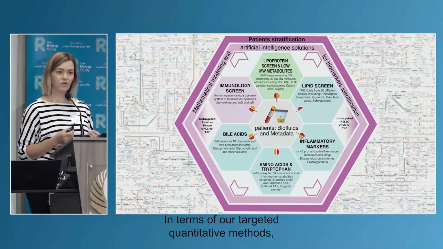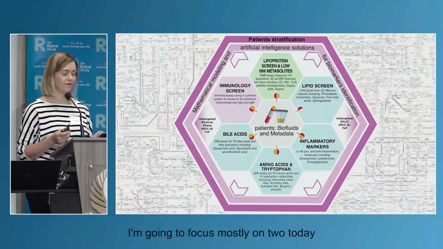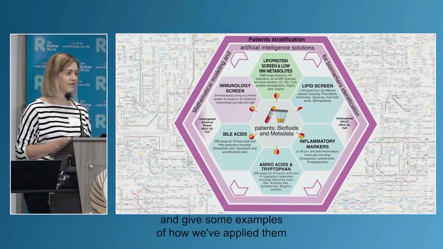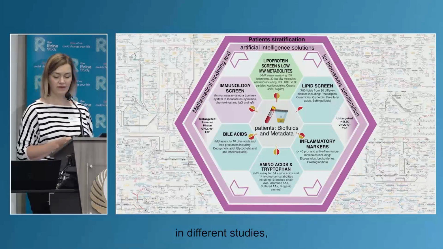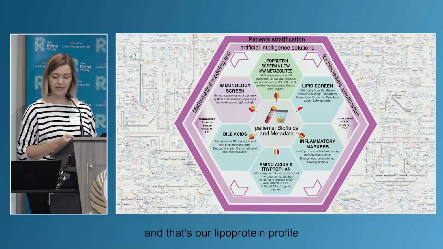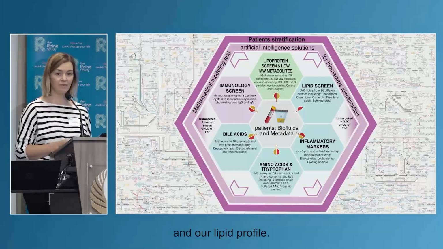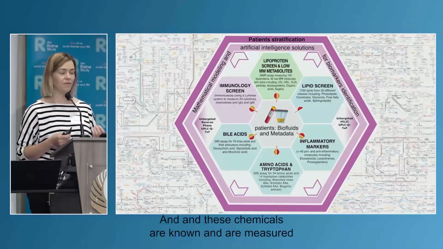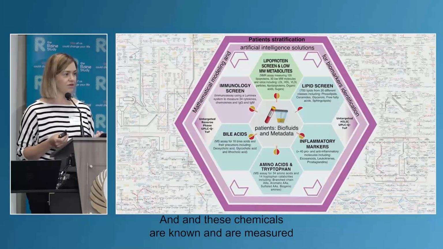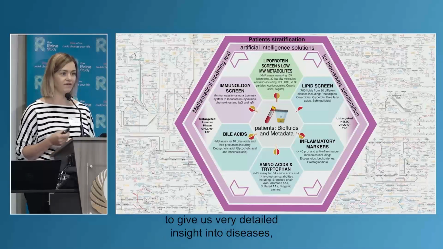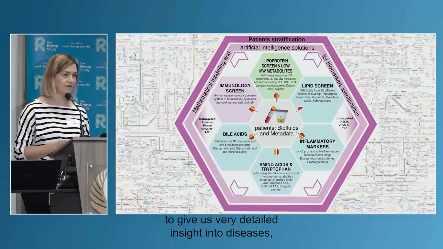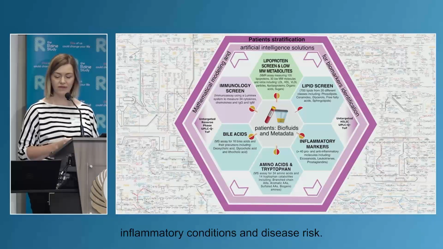In terms of our targeted quantitative methods, I'm going to focus mostly on two today and give some examples of how we've applied them in different studies. And that's our lipoprotein profile and our lipid profile. And these chemicals are known and are measured by standard clinical methods to give us very detailed insight into diseases, inflammatory conditions, and disease risk.